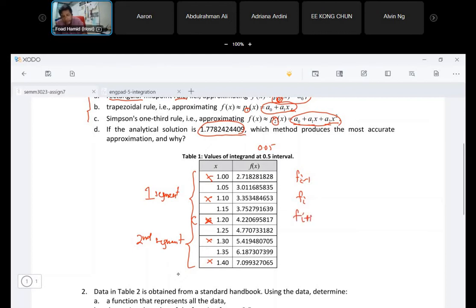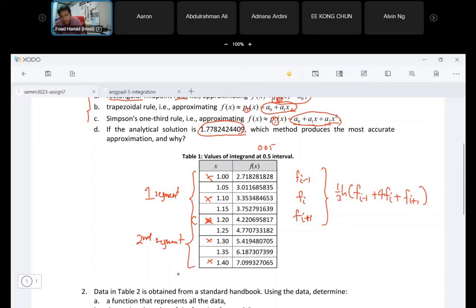Okay, all right, and the area is 1/3 h f i minus 1 plus 4 f i plus f i plus 1. And again, this is for the first segment.